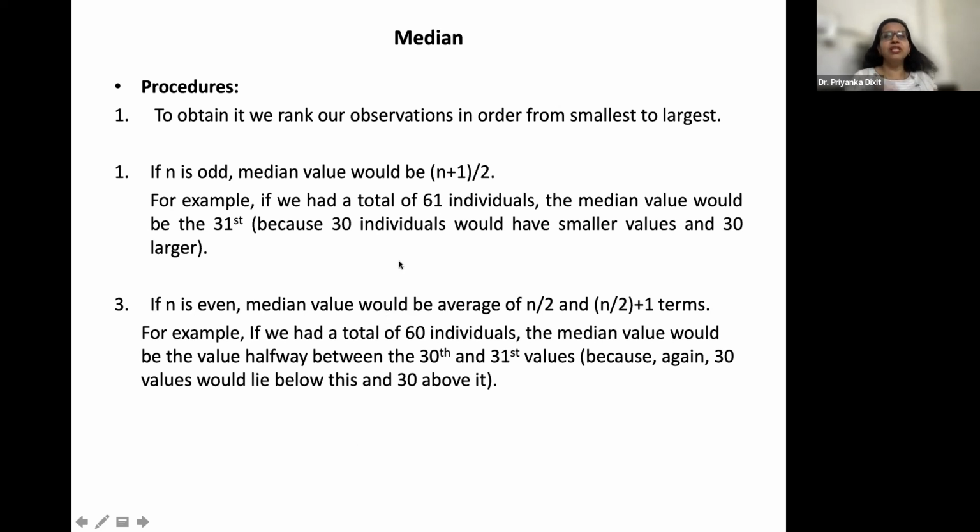If the number of observations is odd, then the formula of the median is n plus 1 by 2. If you could see in the slide, n plus 1 by 2. And if your observations are even, then we are going to calculate two terms, n by 2 and n by 2 plus 1, and then we will take an average.